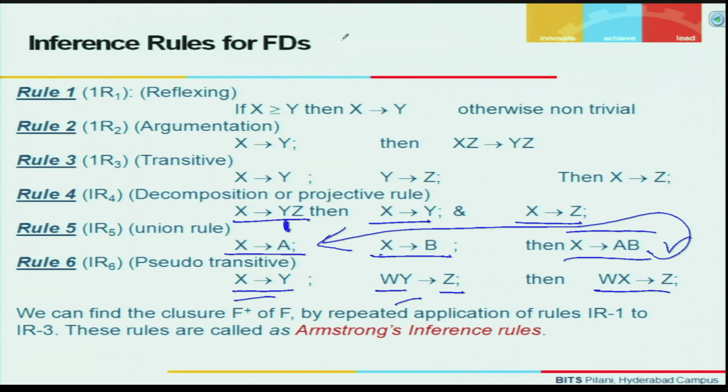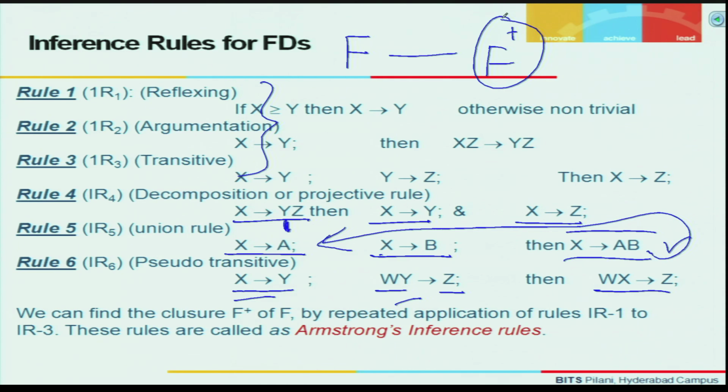And if you carefully observe, if a functional dependency set capital F is given, and if we apply the first three inference rules, that is IR1, IR2 and IR3, repeatedly, I can always get the closure of the original functional dependency set F, which is represented by this.